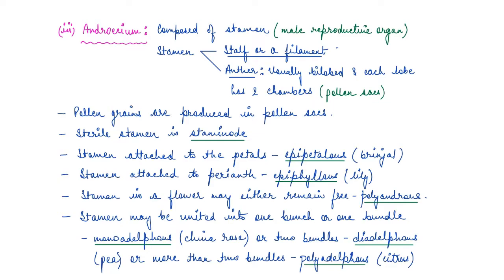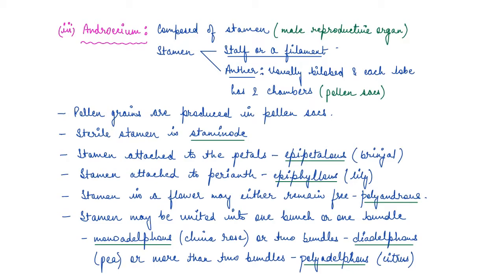Now, if the stamens are united into one bunch or one bundle, it is known as monoadelphous. And the example is China rose. So, you'll have to remember what these terms exactly mean. And if it is united into two bundles, it is diadelphous, that happens in pea.